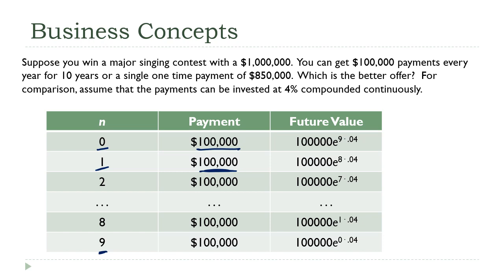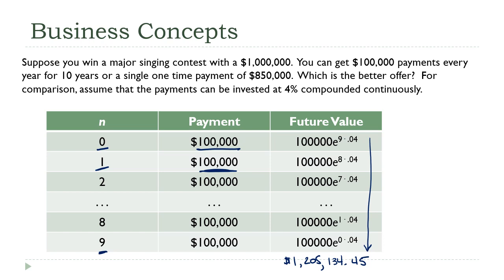I worked out the future value of all 10 payments, and if we add these up, we get $1,205,134.45.